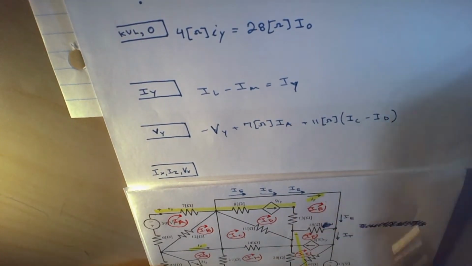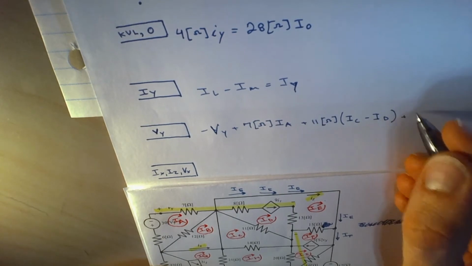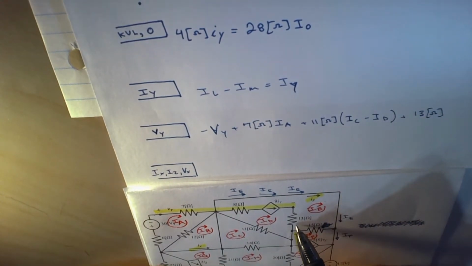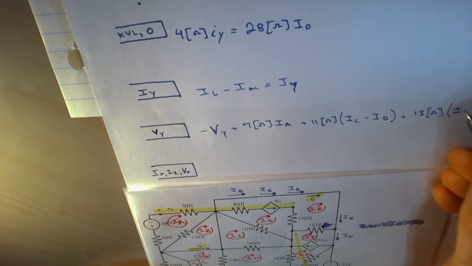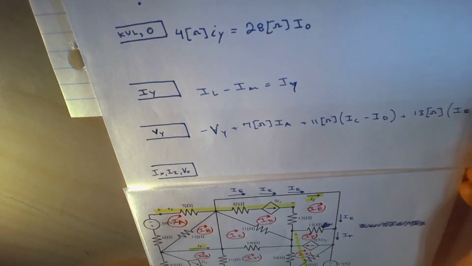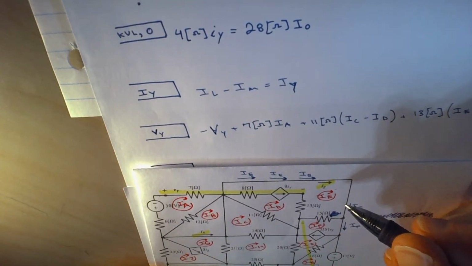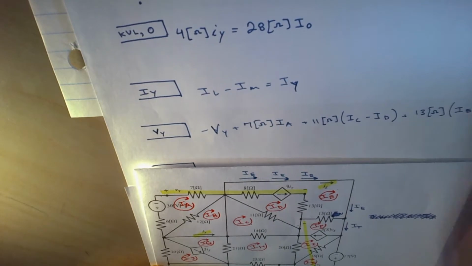And we're going to go up through here, and we're going to get plus 13 ohms IE minus ID. And that completes our KVL loop. So we're going to set it equal to 0.